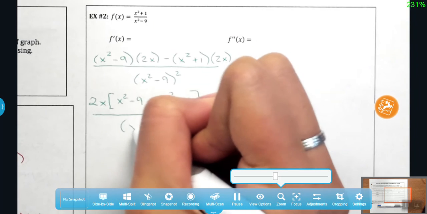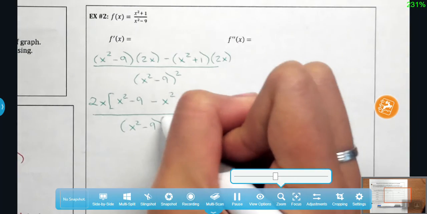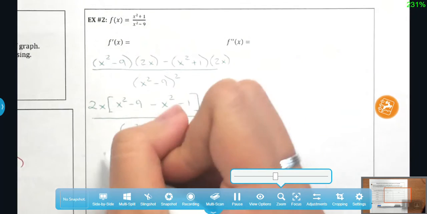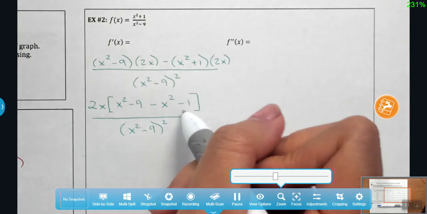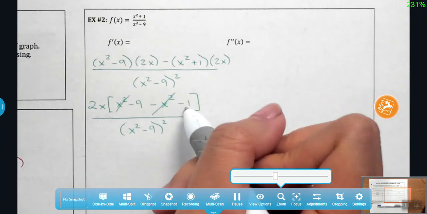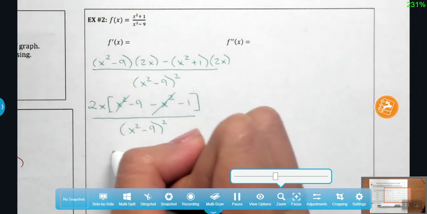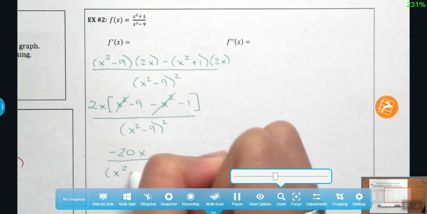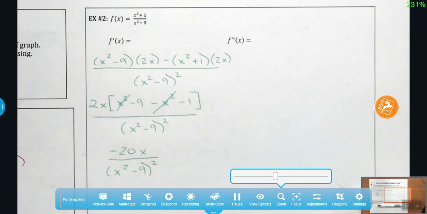Then you don't have to do a whole bunch of crazy factoring. If we simplify the inside, we get negative 10, and then times 2 would be negative 20x over x squared minus 9 squared. It makes it a lot easier.